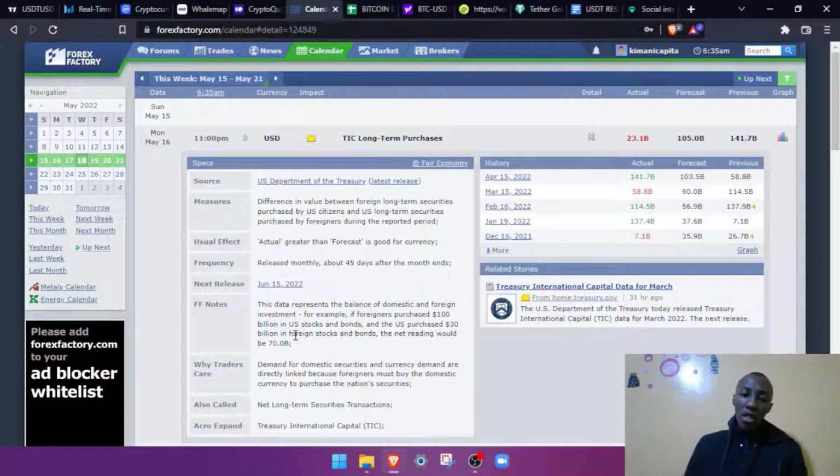So, if there are more foreigners investing in US stocks than US people investing in foreign stocks, it will be a positive net reading. But if it's the other way around, where more people have invested outside US stocks than foreigners have invested in the US stocks, it will be negative, all right? And the more positive, the better, right?